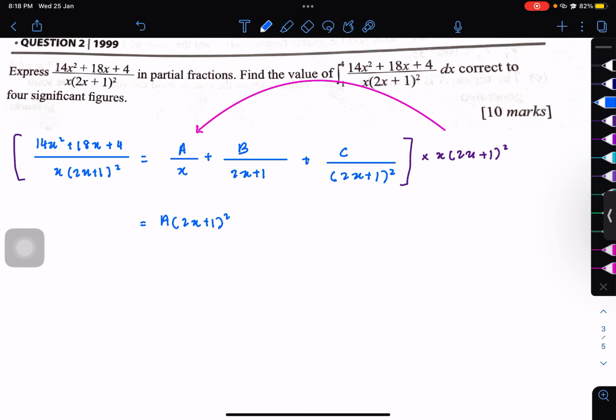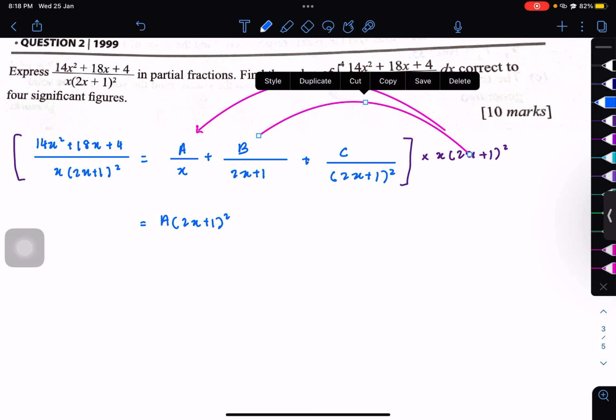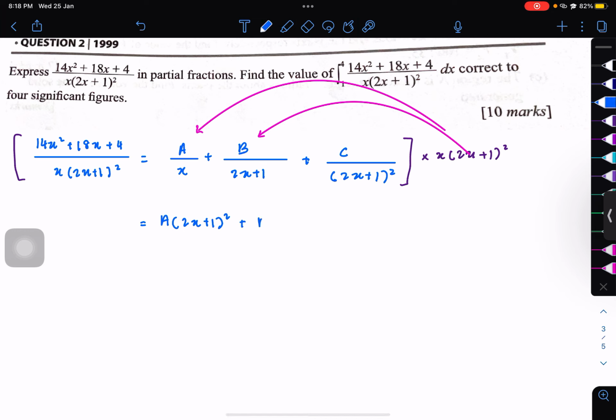squared. Okay, so next I will expand this one juga, iaitu B. Okay, so when I expand B, I will get B. Kita potong yang sama, 2x plus 1. Tinggallah x, 2x plus 1. Betul tak? So now kita tinggallah x, 2x plus 1. That's it.